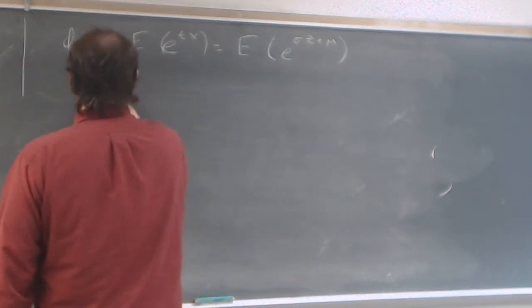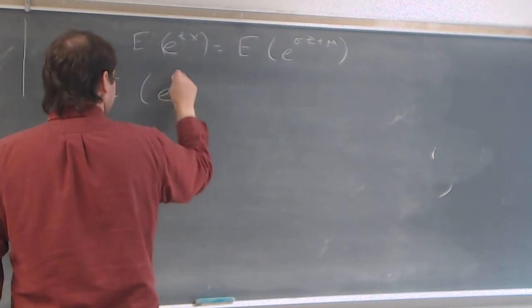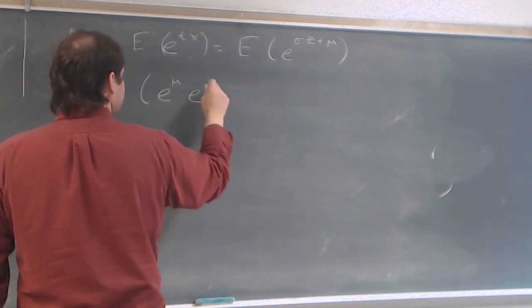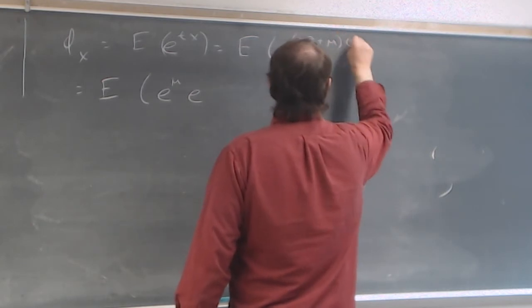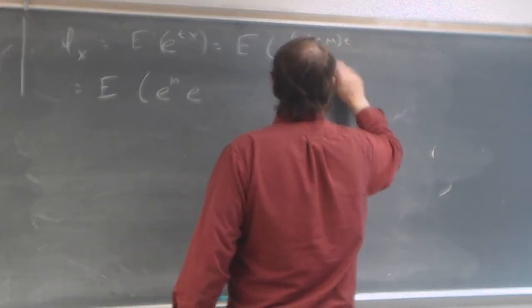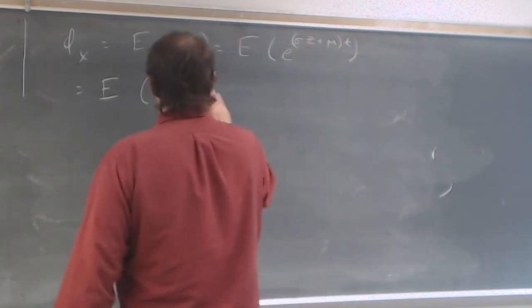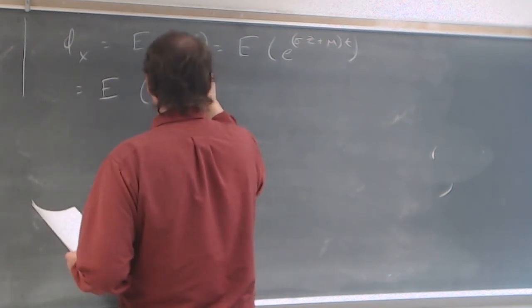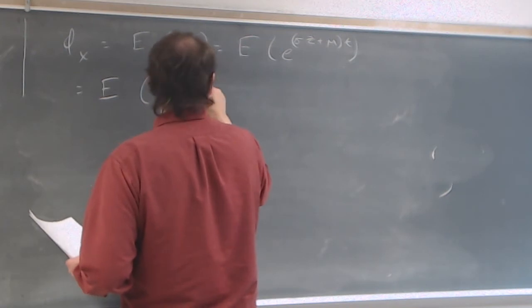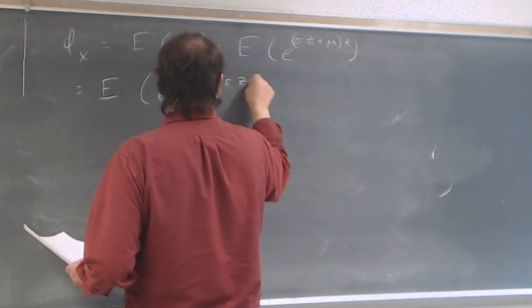Let's write this down: e to the mu t times e to the t sigma z.